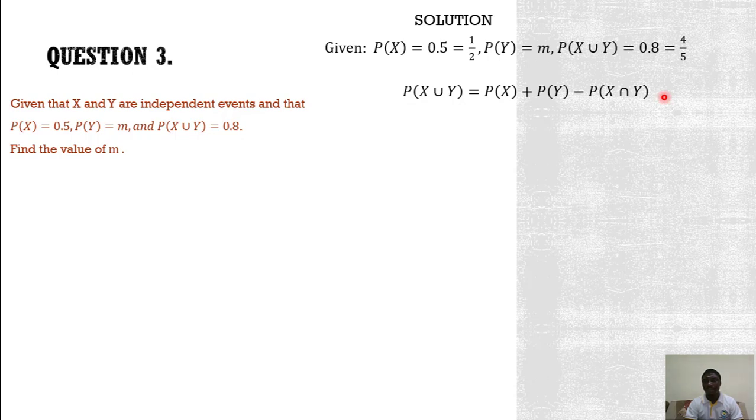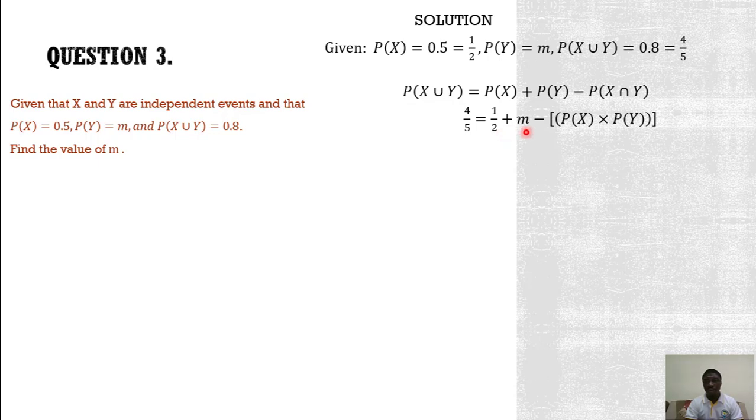So when you look at the question critically, you see you don't know the probability of Y. You also don't know probability of X intersection Y. But you know that probability of X intersection Y can also be expressed as probability of X times probability of Y. So when you do substitution here, probability of X union Y is equal to 4/5.